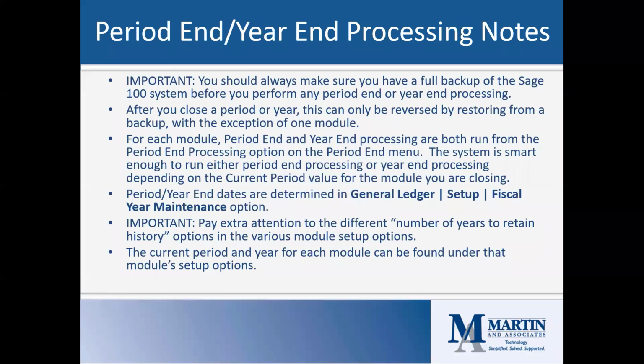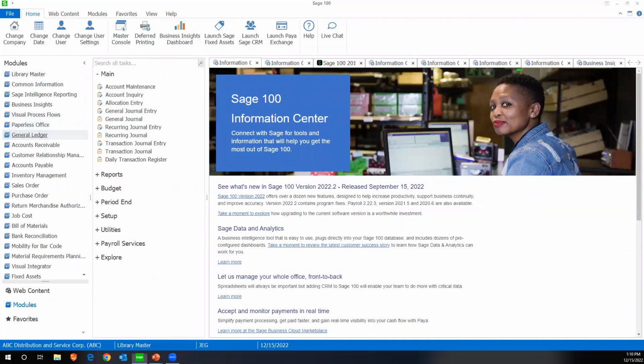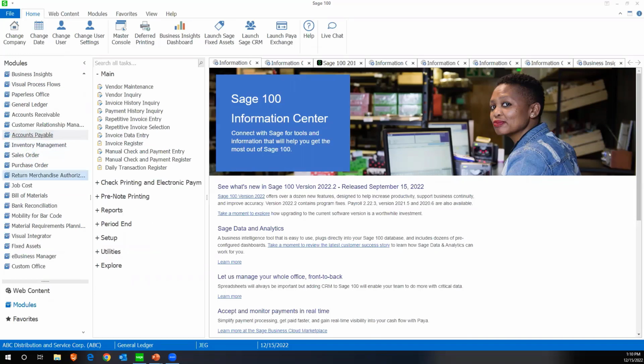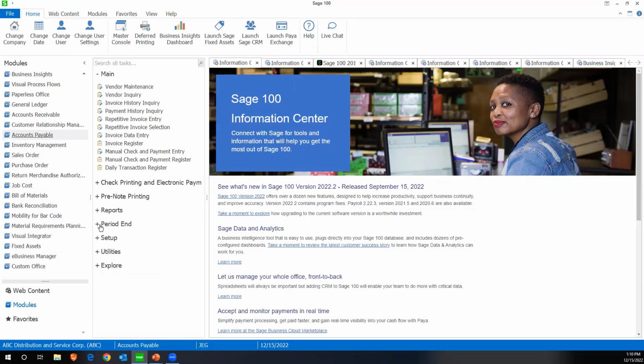Let me bring this up. For instance, if I go to general ledger, I go to period end, there's an option here called period end processing. And if I go to accounts payable, period end, there's period end processing. And I would see the same thing in AR, sales order, purchase order on down the line.